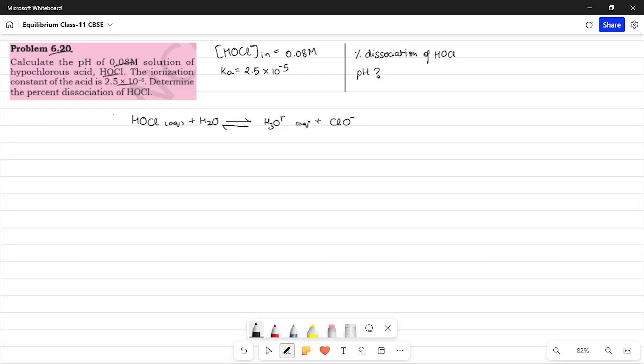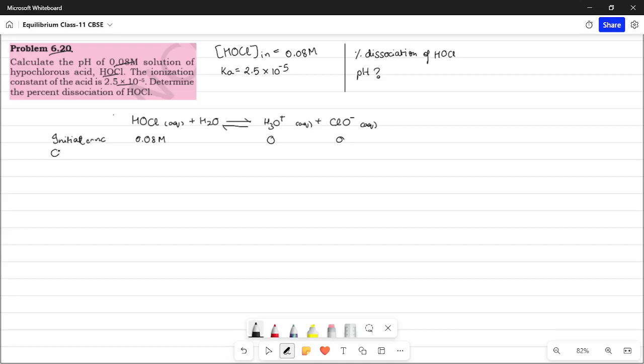So this is the equation. Now, the first step we need to do is write down the things in a tabular form. First we start with the initial concentration. The initial concentration is 0.08 molar for HOCl. For the other things, it is 0.